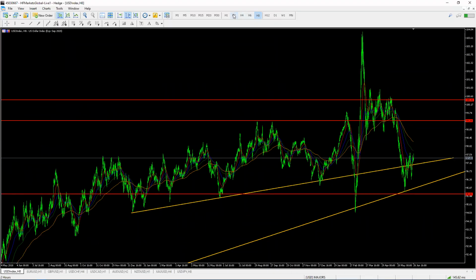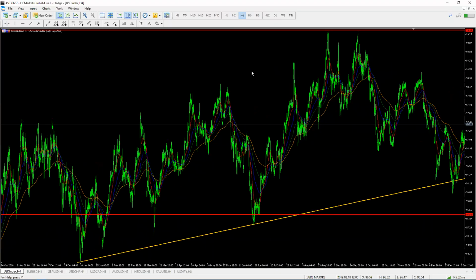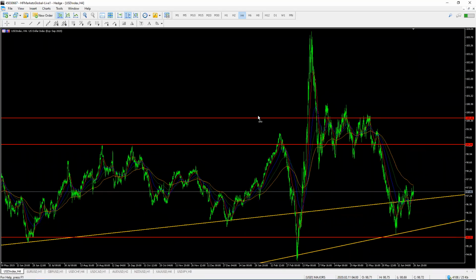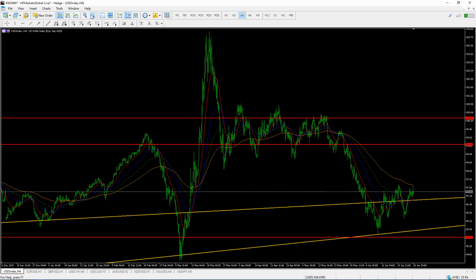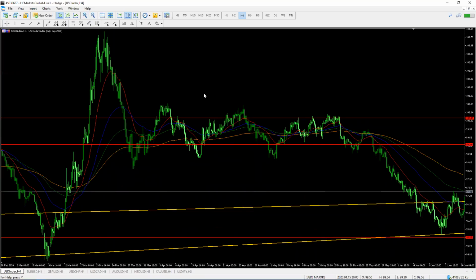Still not the best. So 4 hours. For 4 hours, do we have anything? Zoom in, zoom out. So tulikuwa na this ranging market around here and somewhere here.